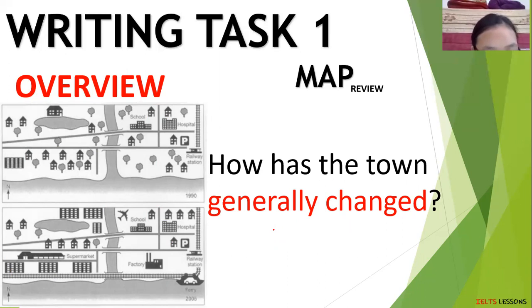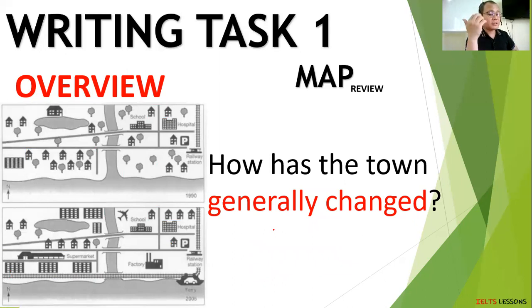I think that the general change here is that everything is modernized, the infrastructure will be new, more places. Great. So from your observation, the general change here is that the infrastructure has become more modernized.